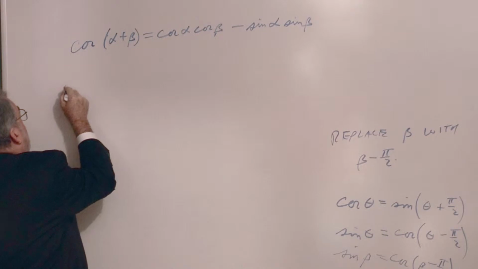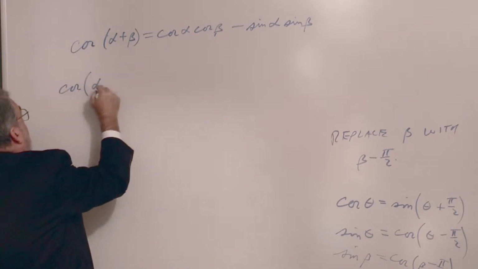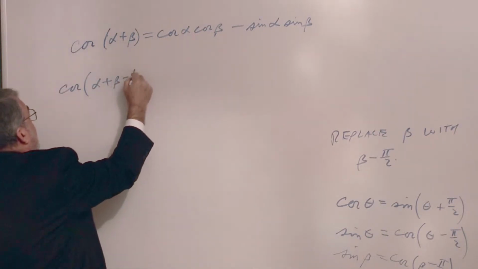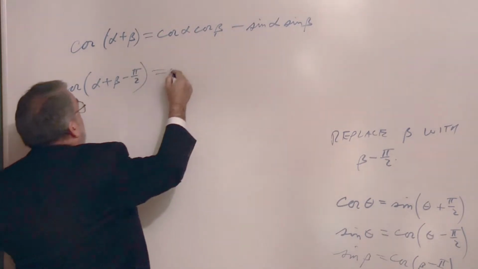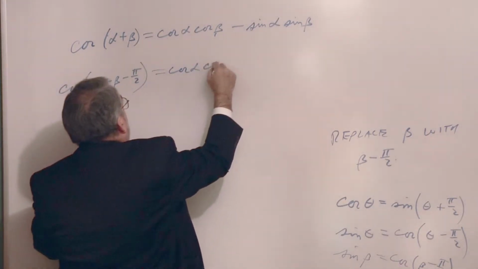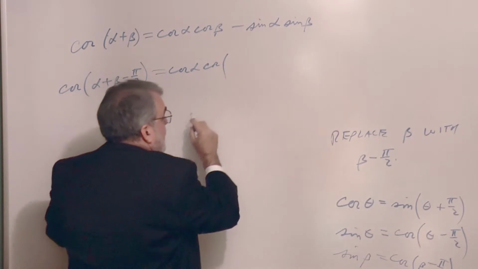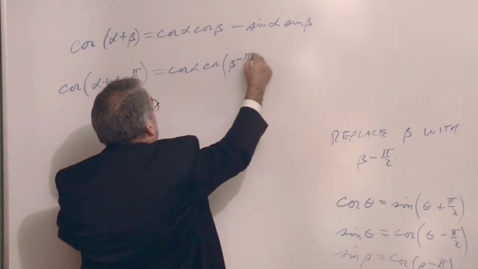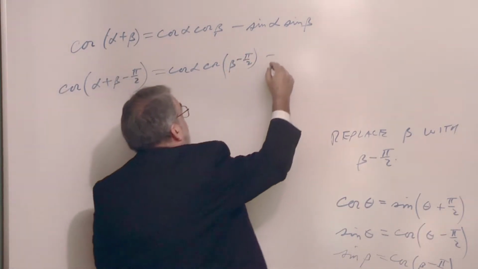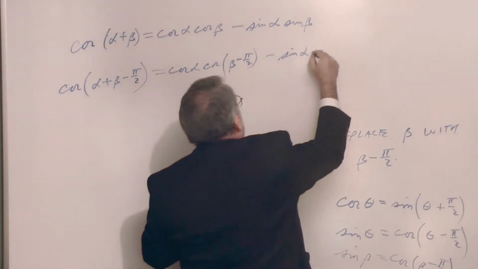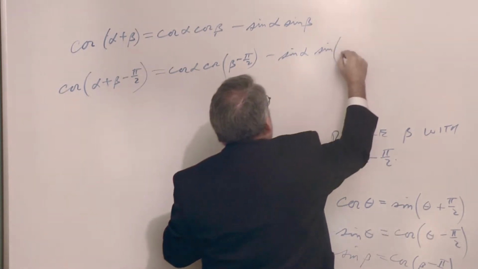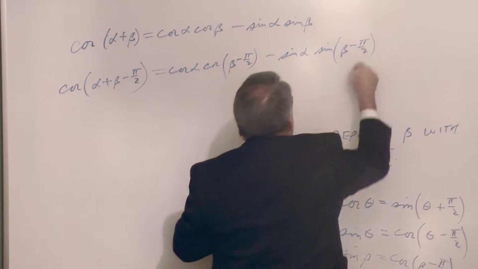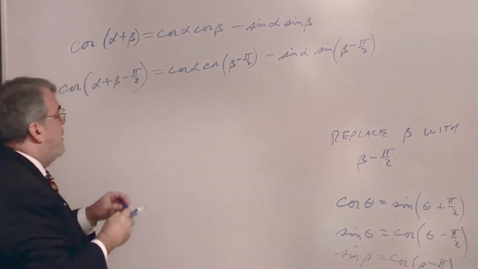So I have the cosine of alpha plus beta minus pi over 2 equals cosine alpha cosine of beta minus pi over 2 minus sine alpha sine of beta minus pi over 2. All right, so let's see if this helps.